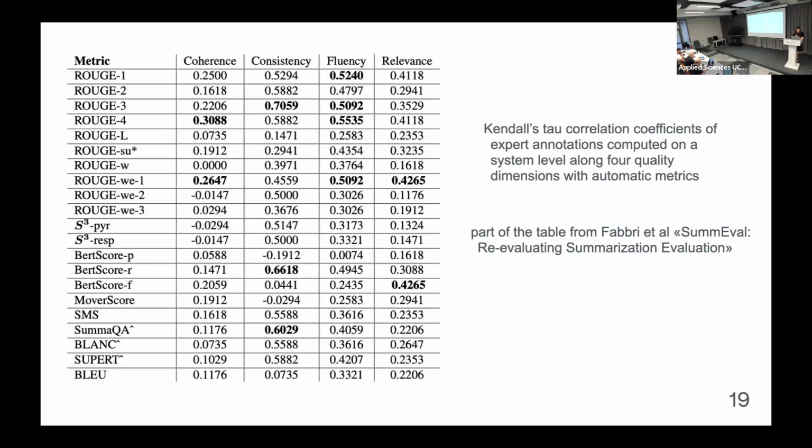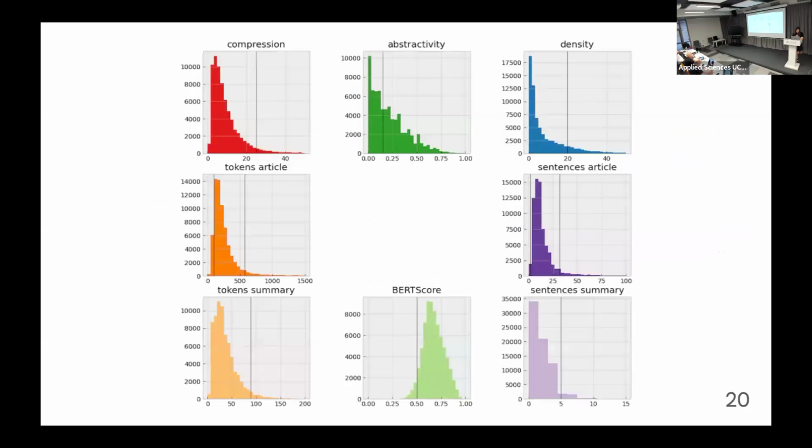And we can see that the correlation coefficients are not that great, and this just shows that it is quite difficult to measure and quantify the quality of the summary. And there are some of the distributions of the values of these metrics on the created dataset.